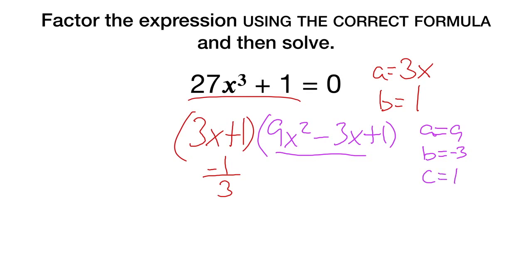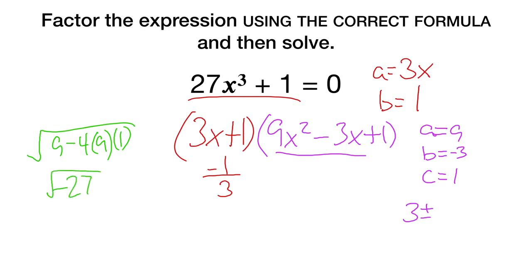So I have negative of negative 3 is 3, plus or minus. Now I have to deal with this side. The square root of negative 3 squared is 9, minus 4 times a, which is 9, times c, which is 1. So this becomes 9 minus 36, which is negative 27. We've already done this before.